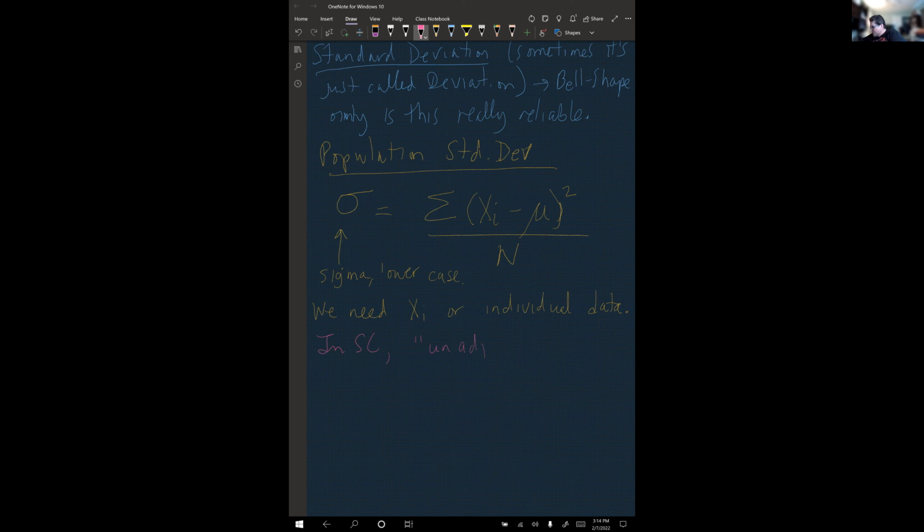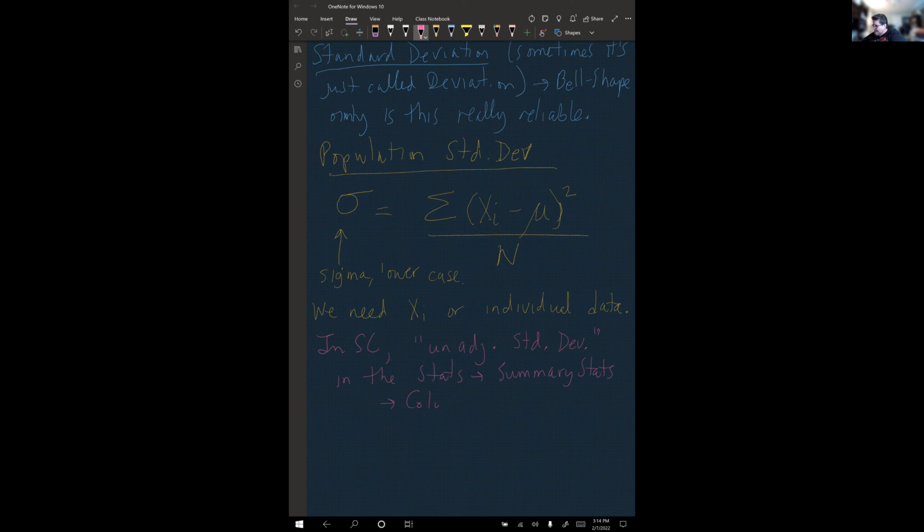It says UNADJ period STD period DEV period, in the summary stats, in the stats column.